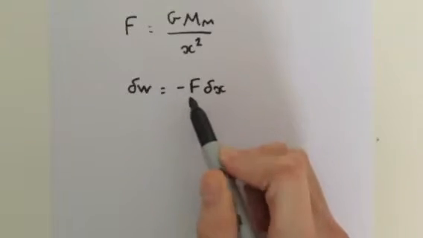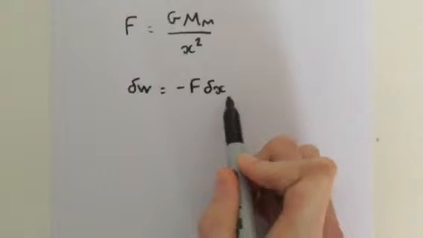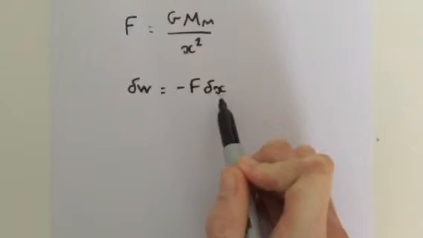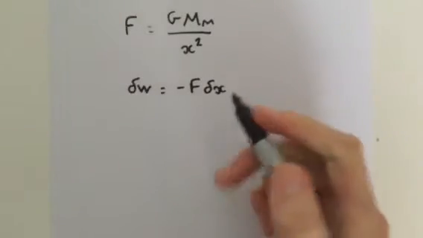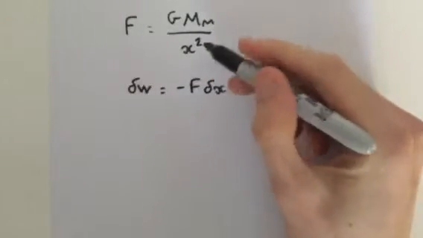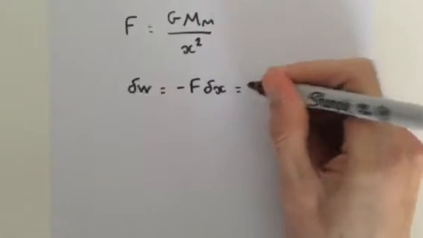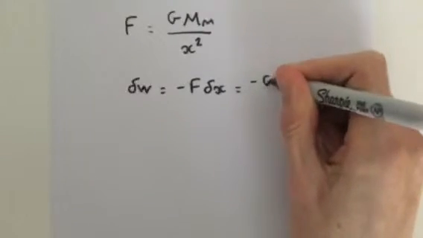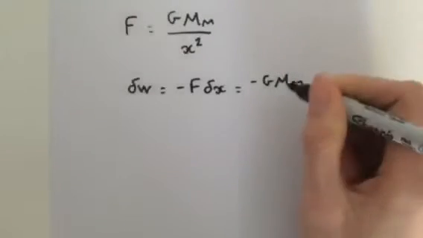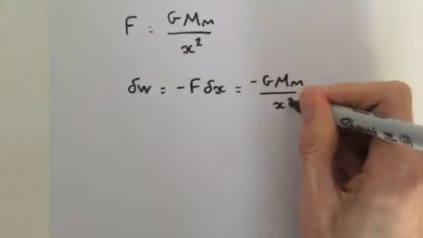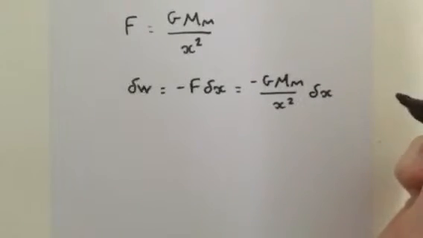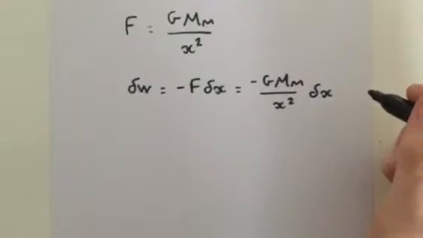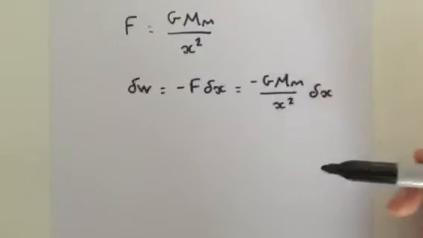Since our force is GMm over x squared, we can rewrite this as minus GMm divided by x squared multiplied by delta x. The negative sign shows that the force acts in the opposite direction to the displacement.